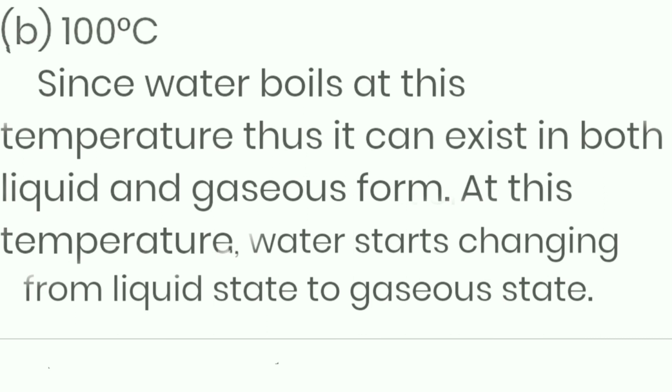So, at this temperature, water starts changing from liquid state to gaseous state. As we know that water starts boiling at 100 degrees Celsius, and after that it starts changing into vapors. So it will exist in both liquid and gaseous form.